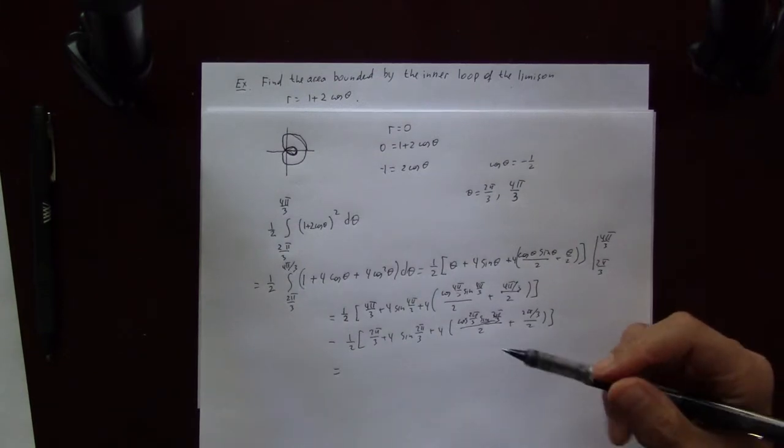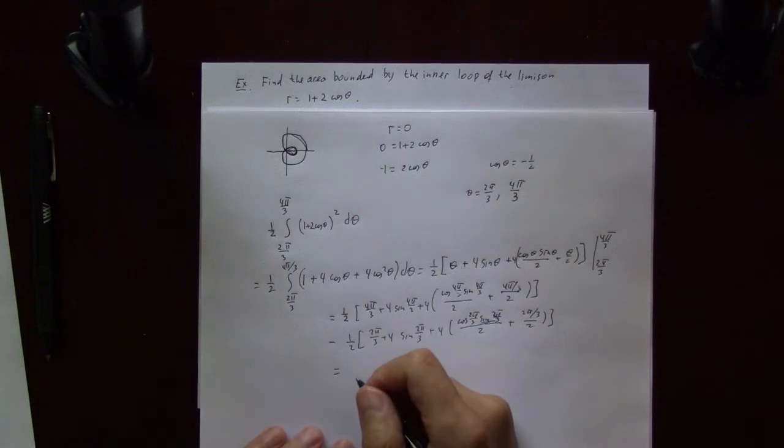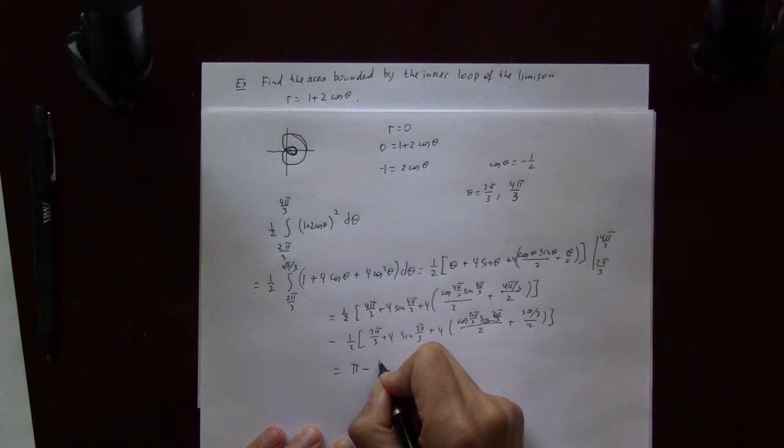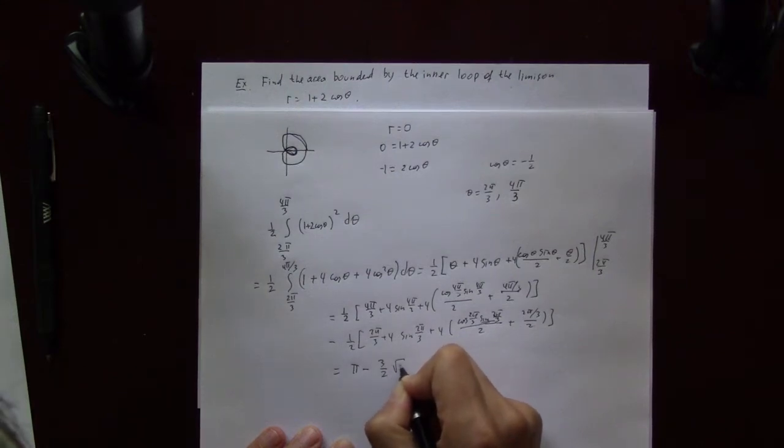We will do the calculations here. So the final answer is going to be pi minus 3/2 root of 3.